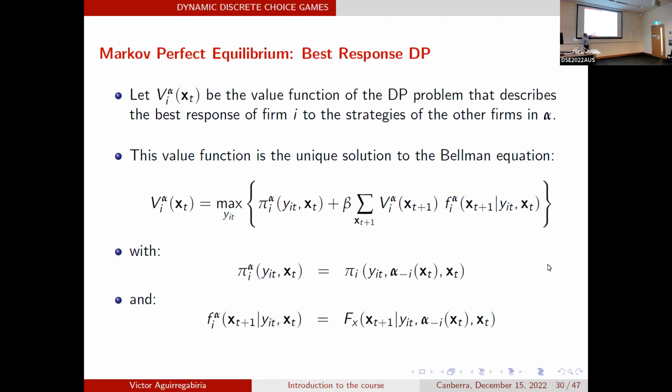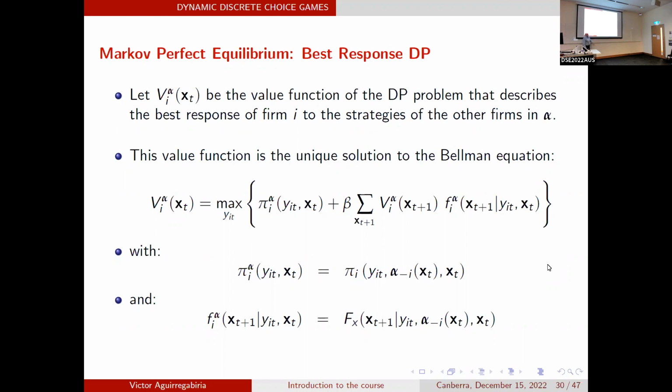That is, what is the probability distribution of the vector of state variables at period t+1, given my action today and today's state, taking into account that the other players today will behave according to their strategies. Once I construct this indirect payoff function and these transition probabilities, where I have solved in the actions of my opponents, we are in a single-agent model.